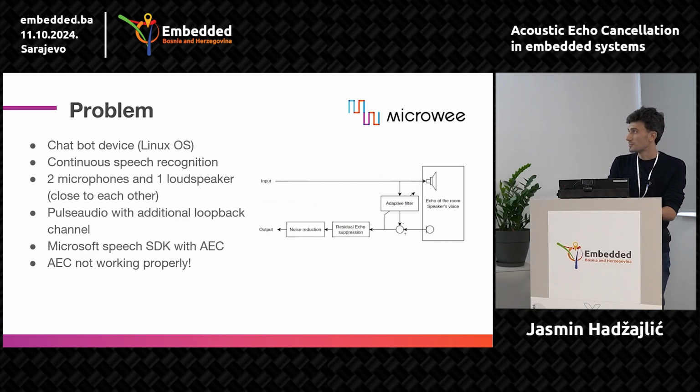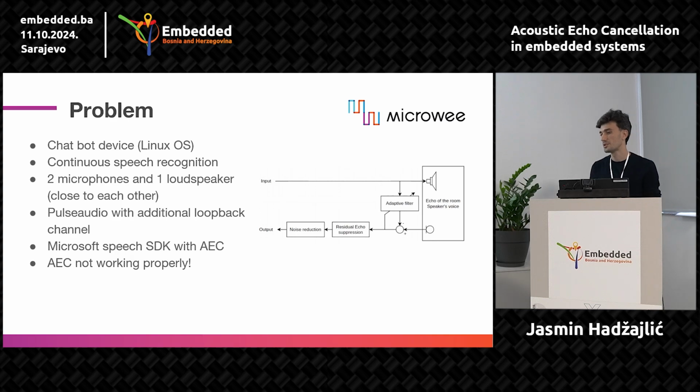We had already implemented speech-to-text recognition, so we hear what a person is saying, and also text-to-speech, which is what the device is telling us. But when we wanted to use continuous speech recognition, where both the device and us are speaking at the same time, we got this problem.